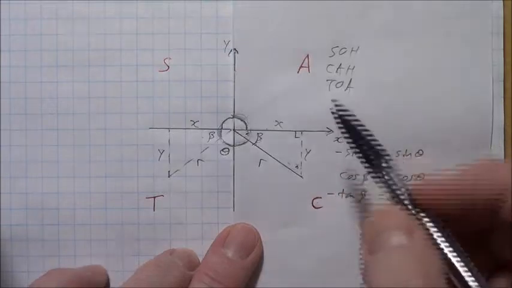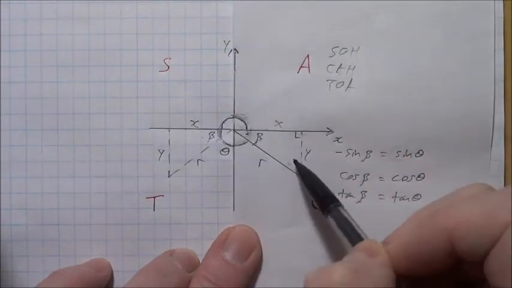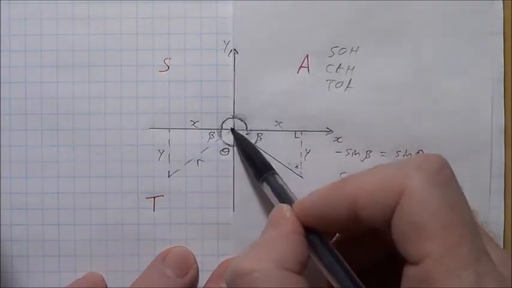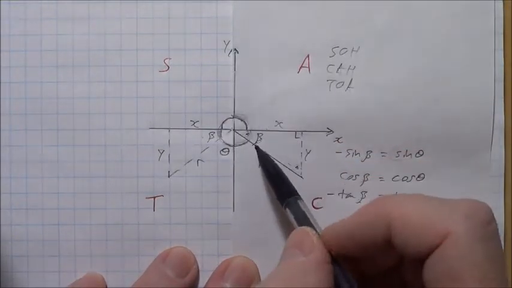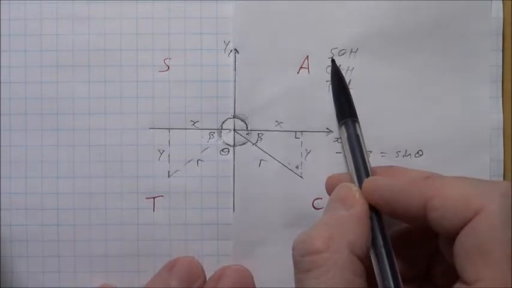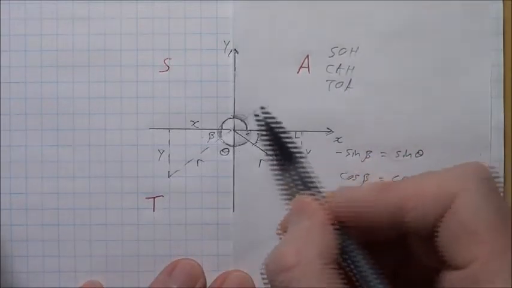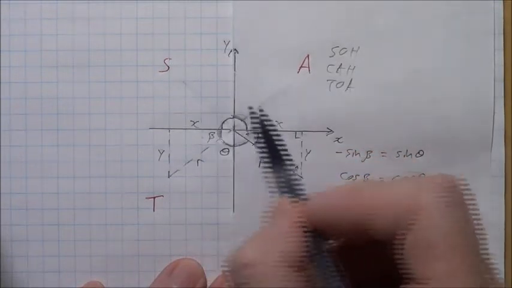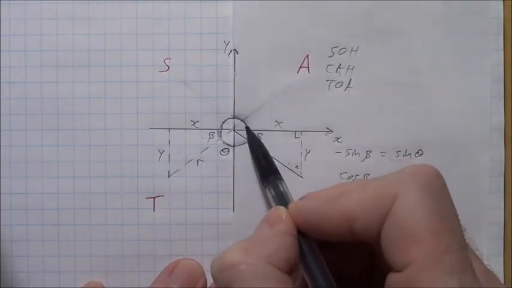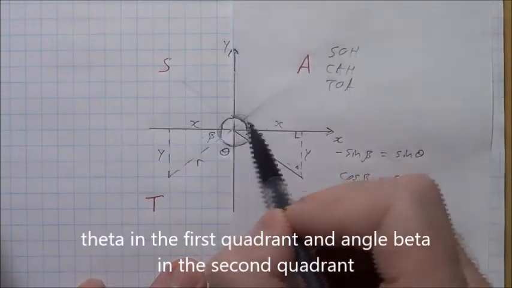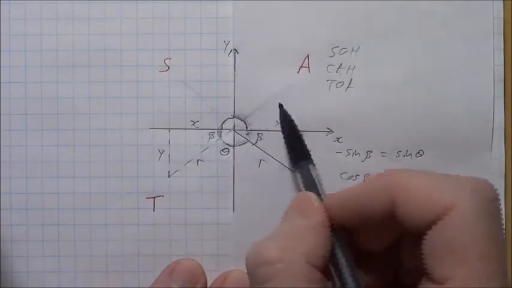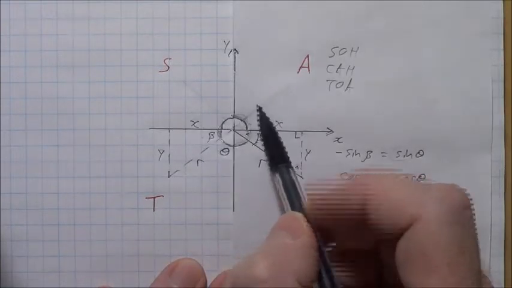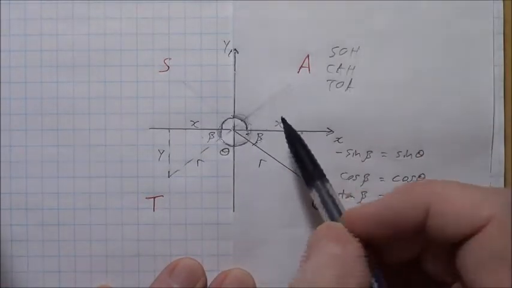That would indicate that there are two positions in standard position, about the origin of the Cartesian plane, where the sine ratios are going to be equal. So in the first quadrant, we get a positive sine ratio. In the second quadrant, we get a positive sine ratio. And if the angle theta and angle beta are equal, then they're going to have the same ratio. So we could get two possible angles that give you that ratio.